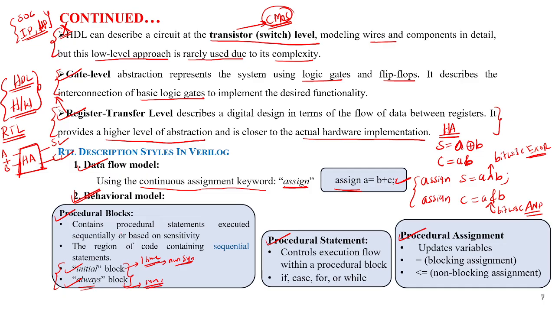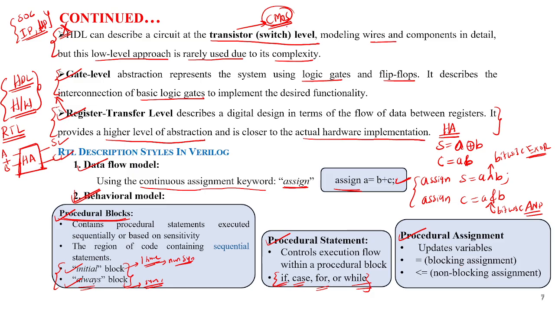Procedural statements are executed within the procedural blocks, that is, initial and always. In C language you studied if, case, for, or while; these are procedural statements. Procedural assignments are blocking and non-blocking assignments.